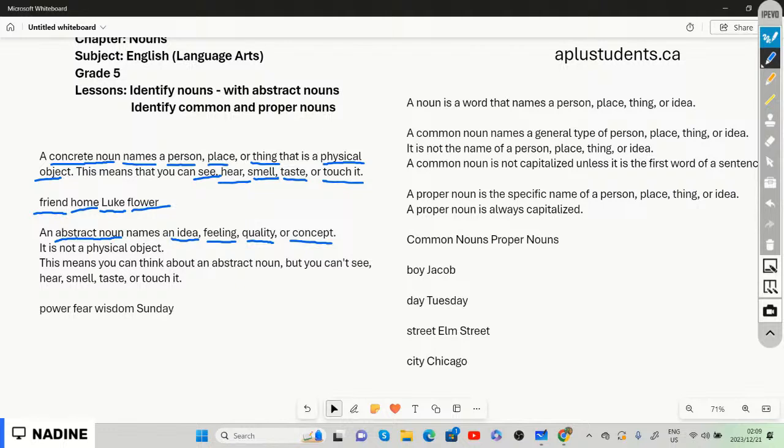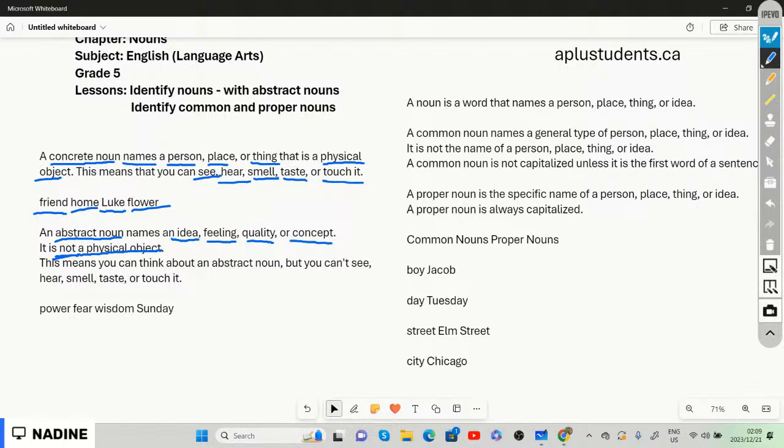Qualities, do we smell qualities? Concepts, do we see concepts, right? So these are ideas, feelings, qualities, and concepts. These are not physical objects. And this is a topic on nouns.